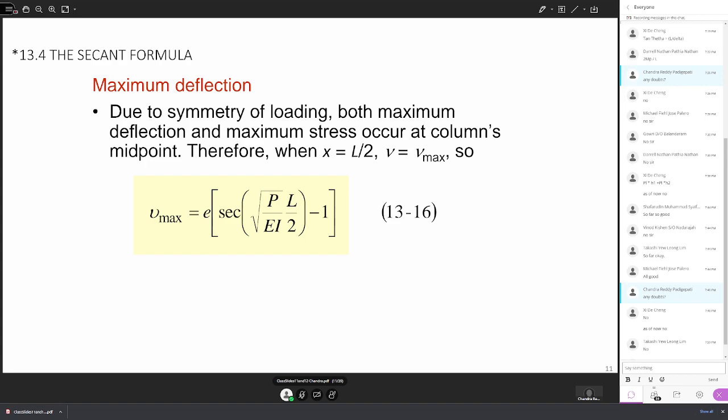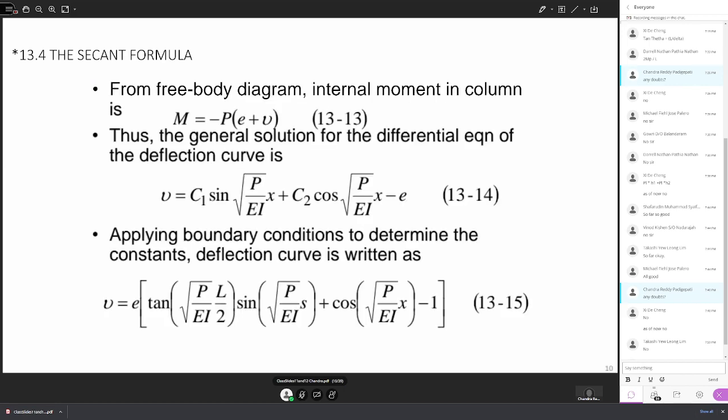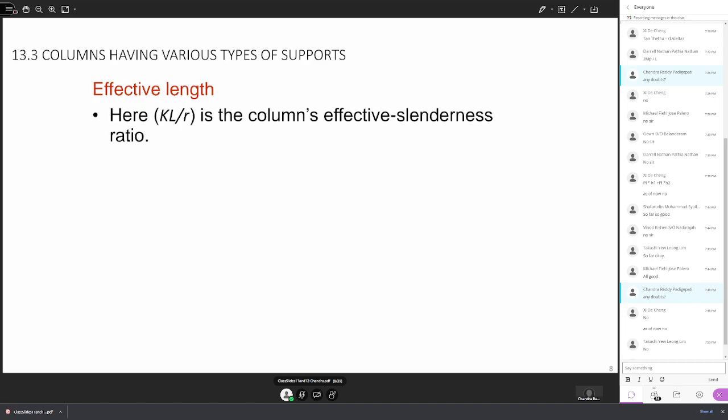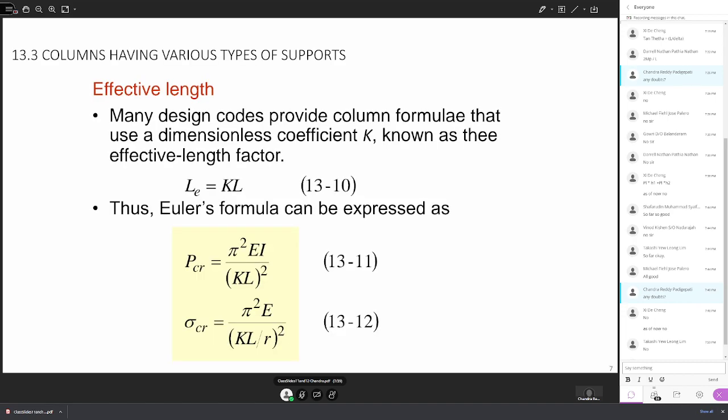We use the secant formula when the load is acting away from the neutral axis of the column, where E is the eccentricity. If the load is acting exactly at the neutral axis, then we can easily calculate the critical load or the critical stress from this formula.